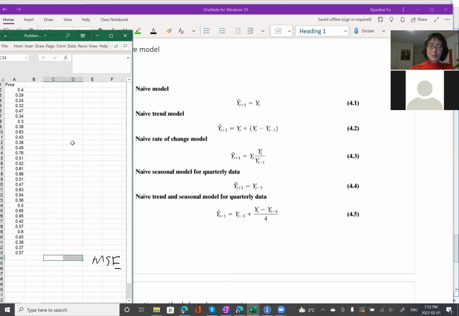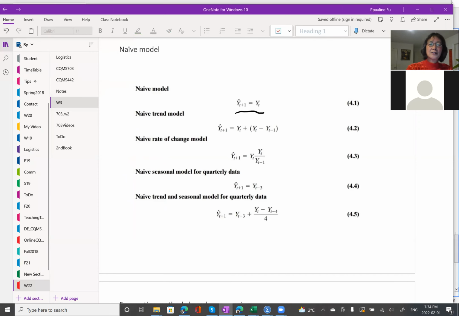So the first, formula 4.1. If this is YT, and you are going to forecast YT+1, this formula says the forecast is the same as the previous one.